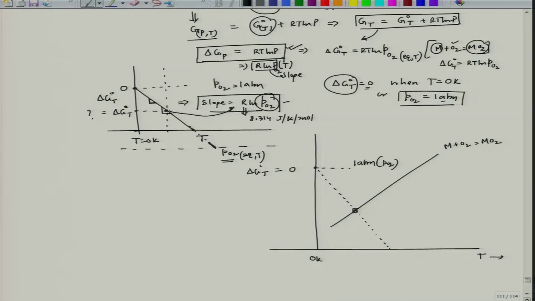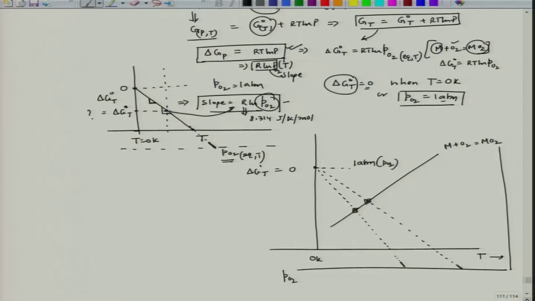So, now this point, and then there is a PO2 line, which is like this. Now, if I have to find out the equilibrium partial pressure of oxygen, I just draw this straight line connecting this 0 point and the temperature we are considering.